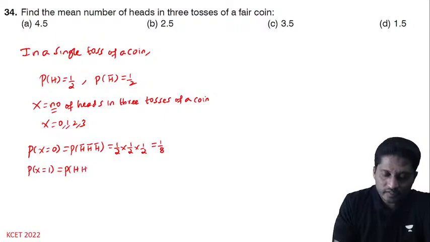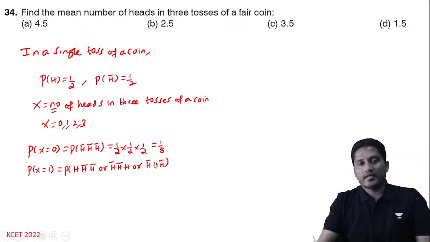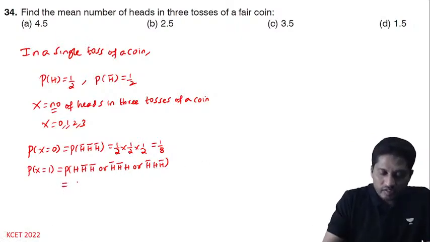This is H, H bar and H bar, or H bar, H and H bar, or H bar, H bar and H. 1 head and 2 non-heads. So all this is 1 by 8 plus 1 by 8 plus 1 by 8, which is equal to 3 by 8.